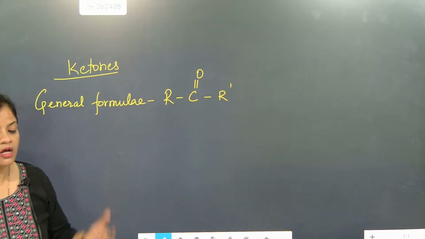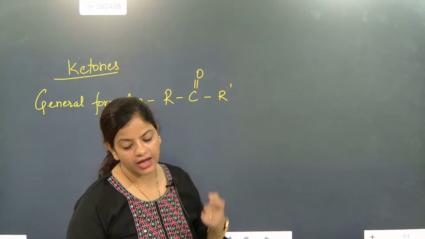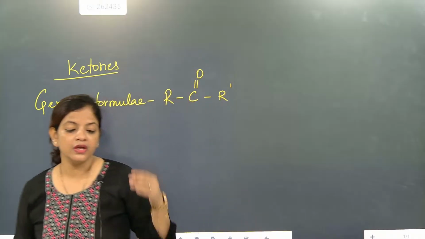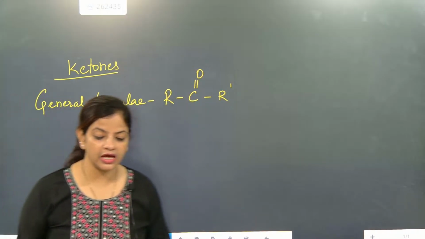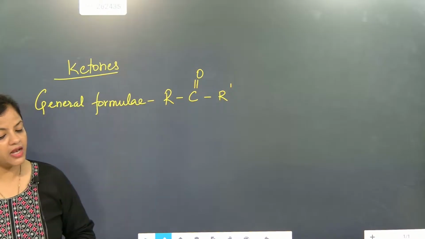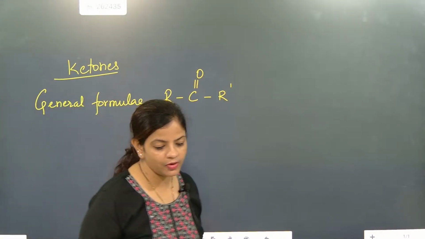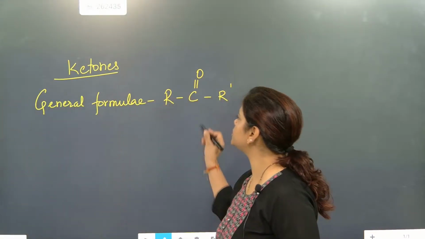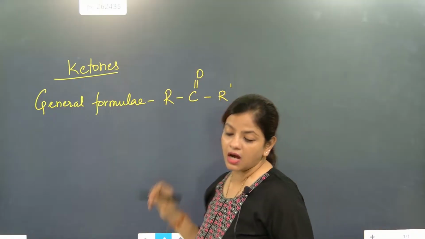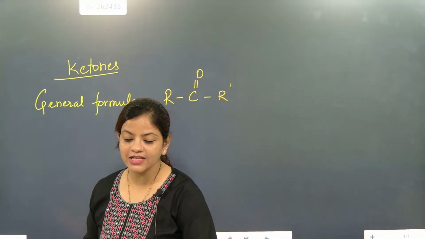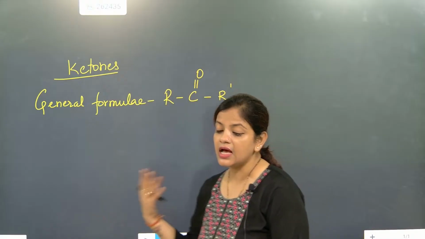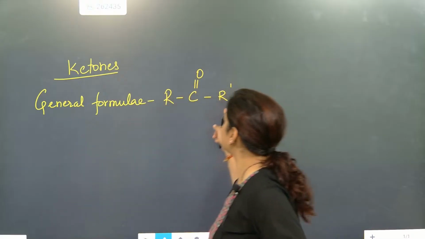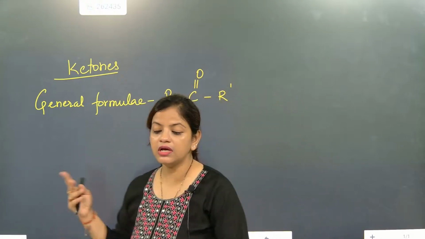I told you, a single chain will be there. Aryl groups can also be added there. Alkyl or aryl, we can add both of them. No problem with that. I hope you have understood. RCOR dash, that is alkyl or aryl group.